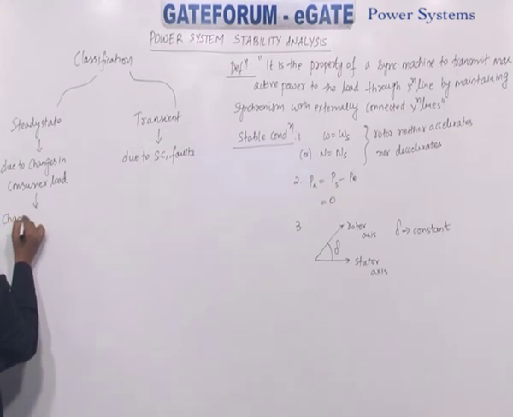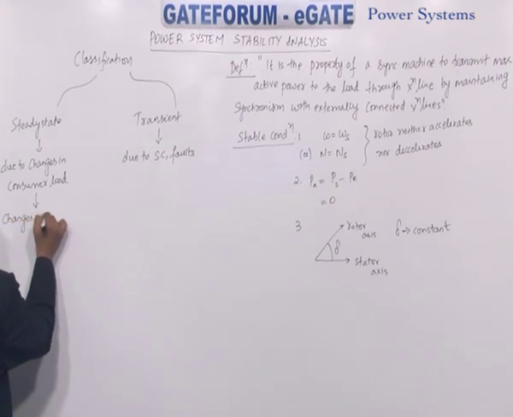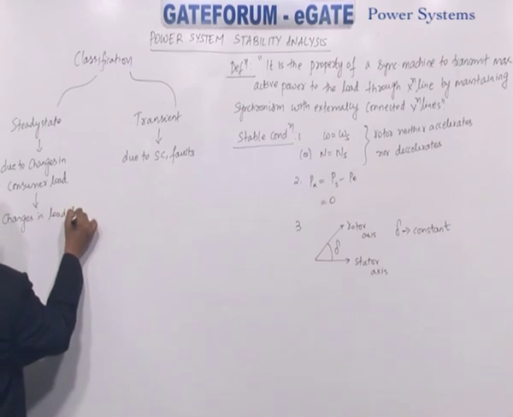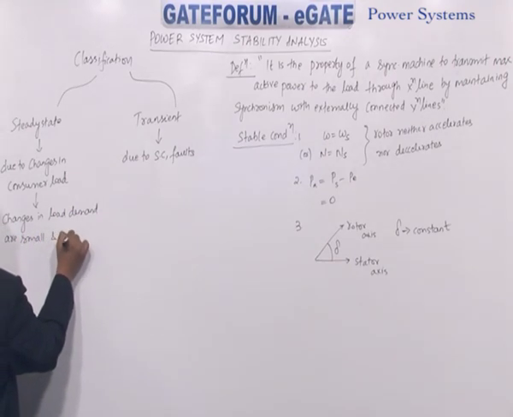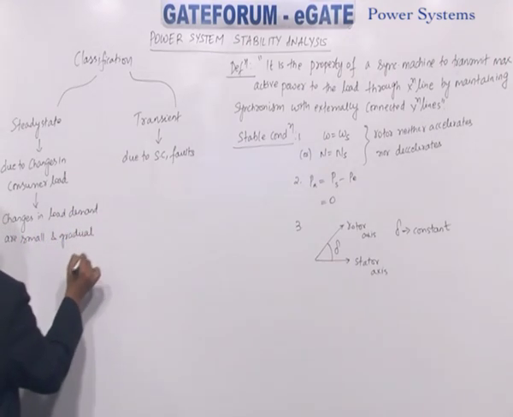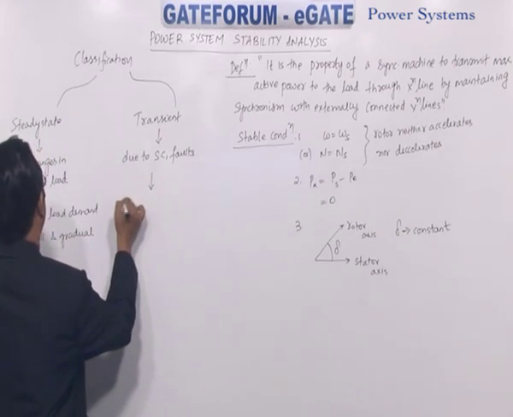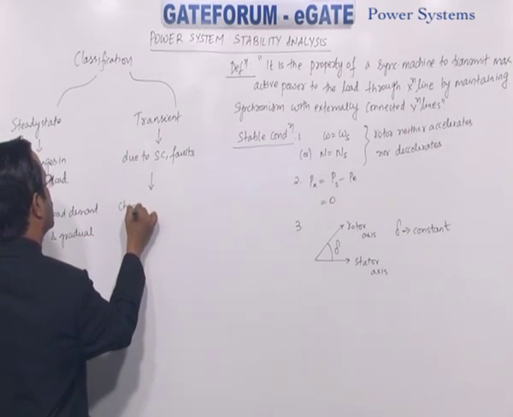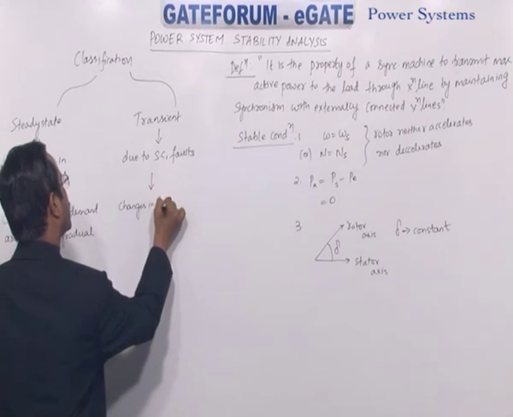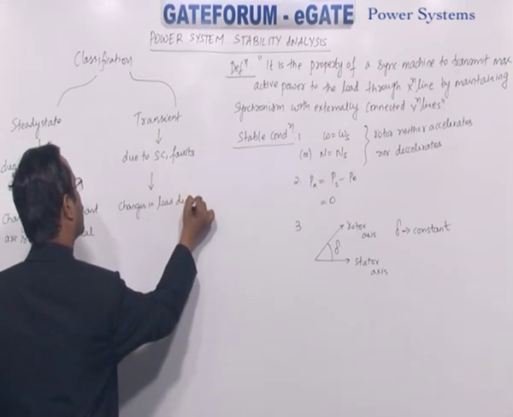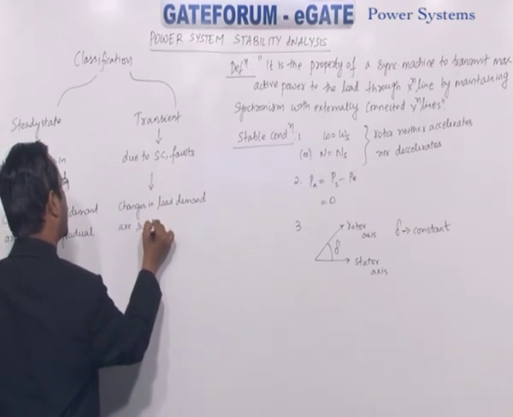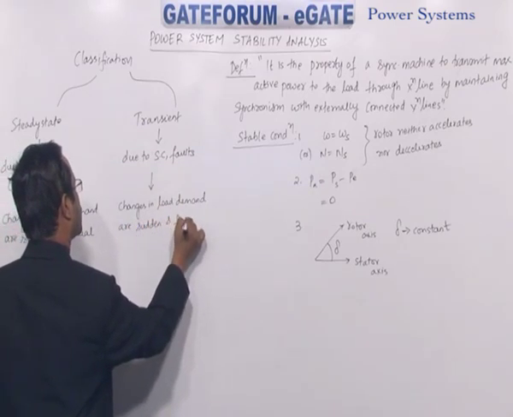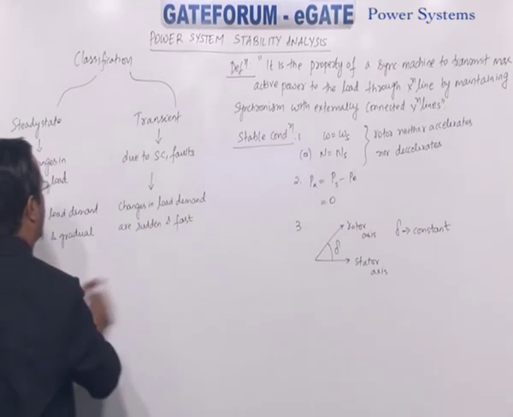So you say steady state stability, the changes in the load demand are small and gradual. What about here now? The changes in the load demand are sudden and fast, or you say sudden and large.